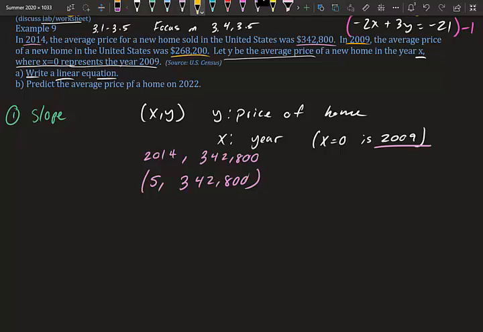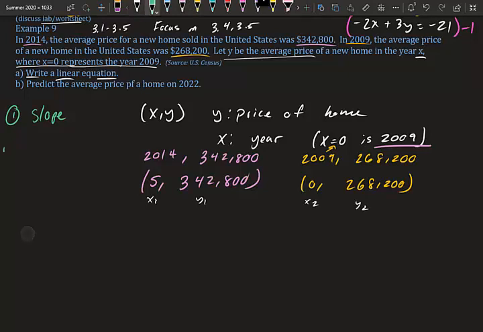Then we're also given 2009. It's $268,200, but it's telling us in 2009 X is 0, so we have (0, 268,200). That's when they started collecting this data, in 2009. We have our points.